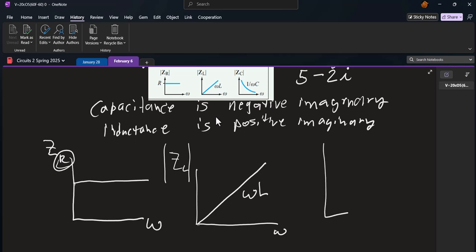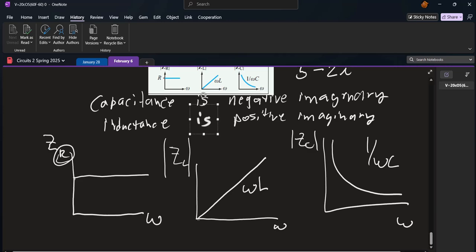But for capacitance, if I look at the impedance for capacitance, as the frequency gets bigger, the impedance gets smaller.